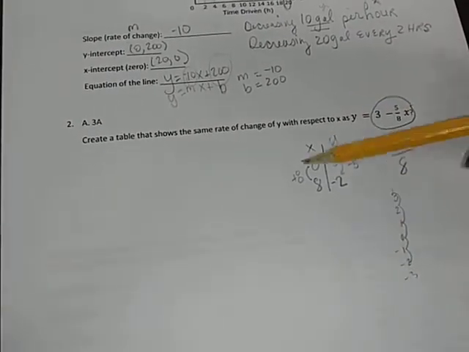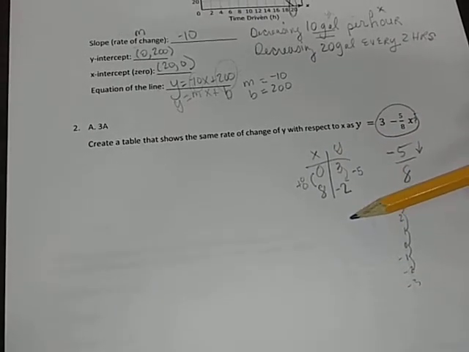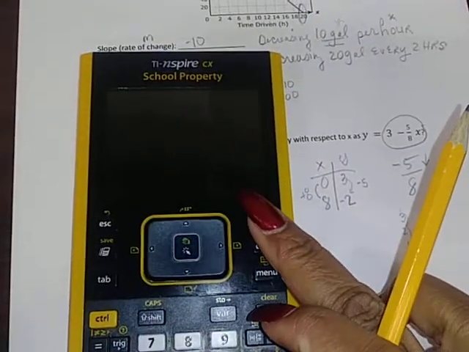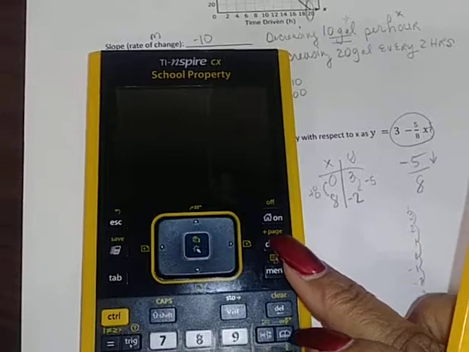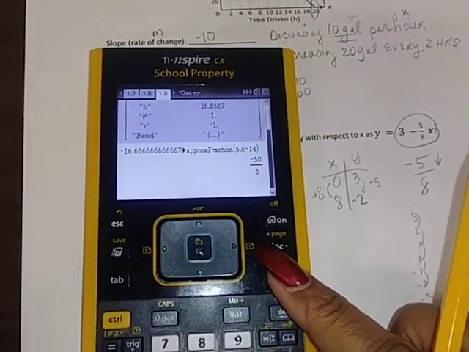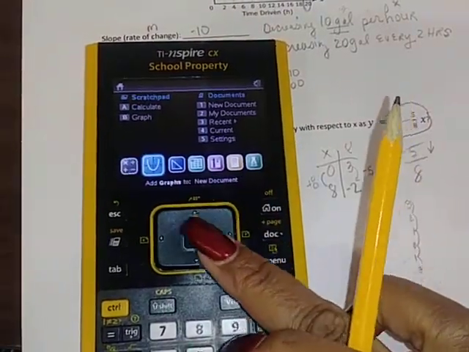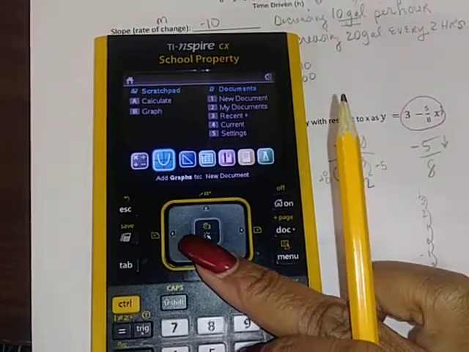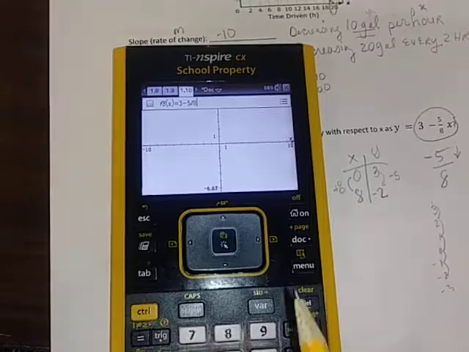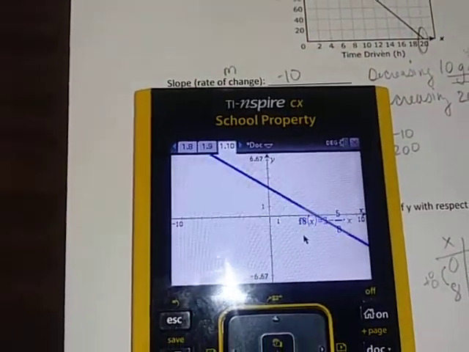This might not work because the answer choices could have different numbers in the table. So what you need to do is go to the graphing screen. Press enter.